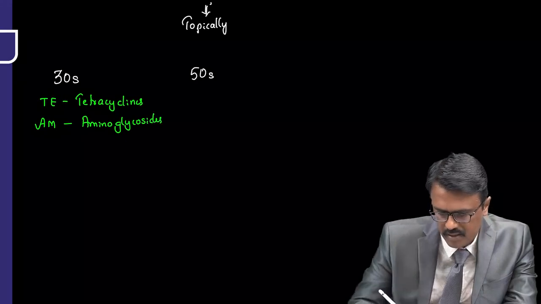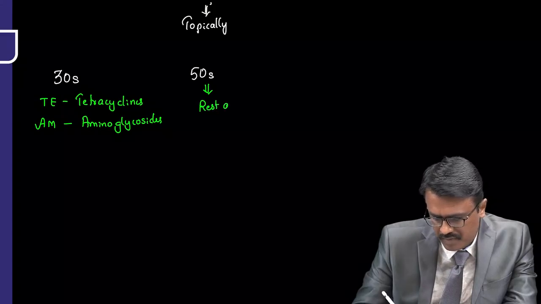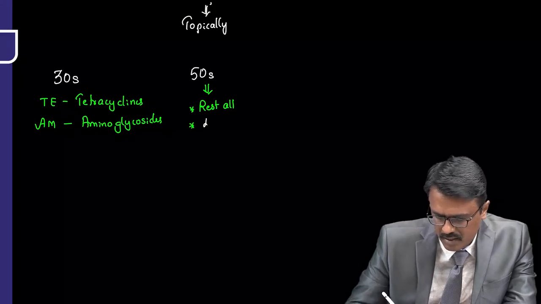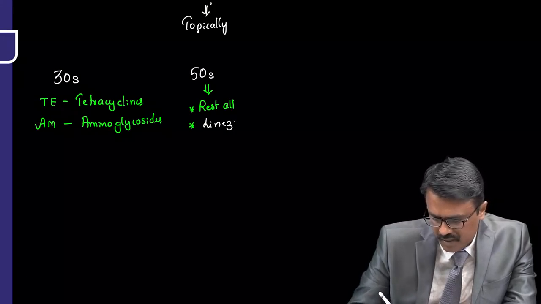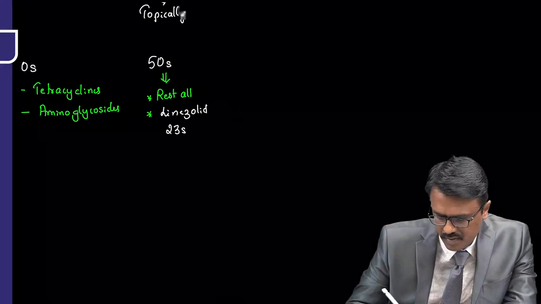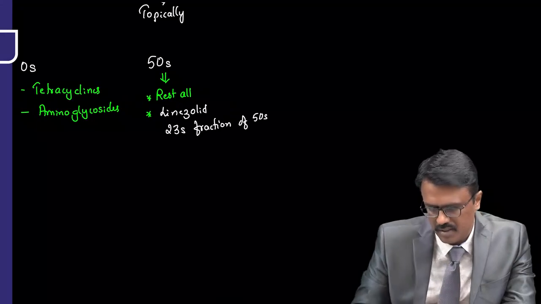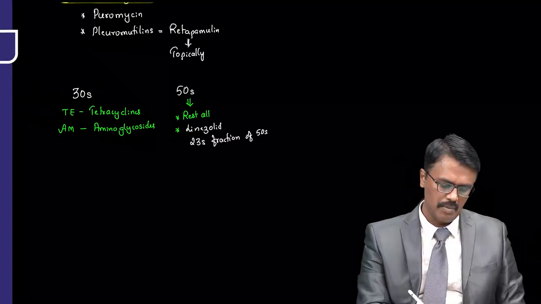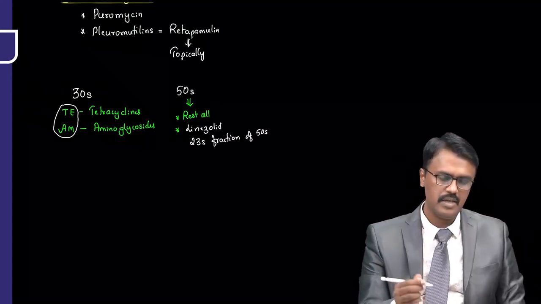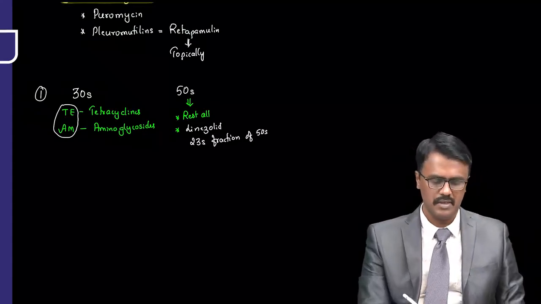And others, rest all bind to 50S. But linezolid has a speciality. Linezolid binds to the 23S fraction of 50S. So remember the mnemonic team 30S. So that is one specialty of protein synthesis inhibitors.